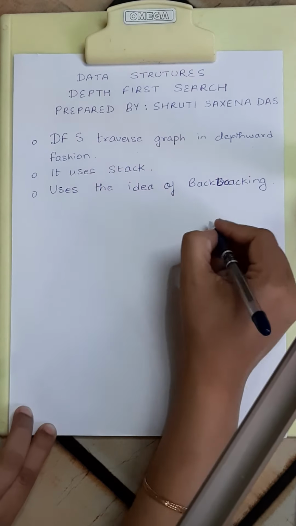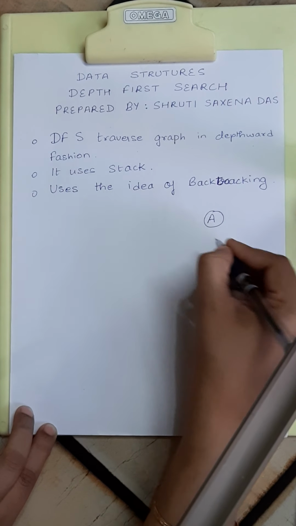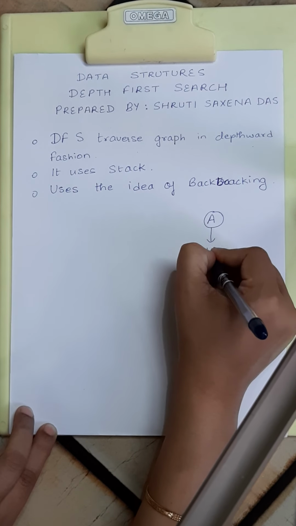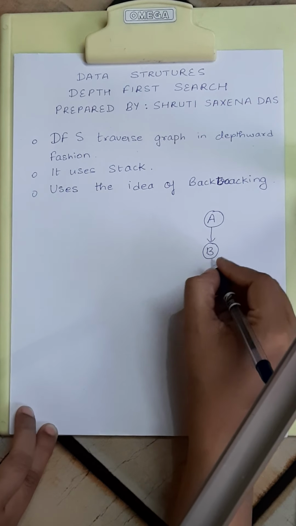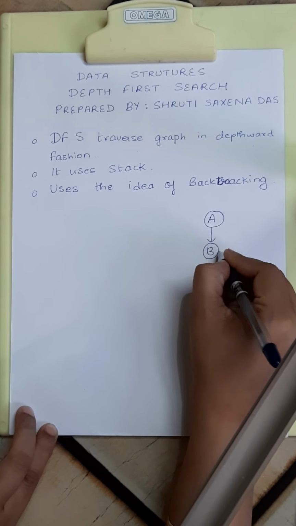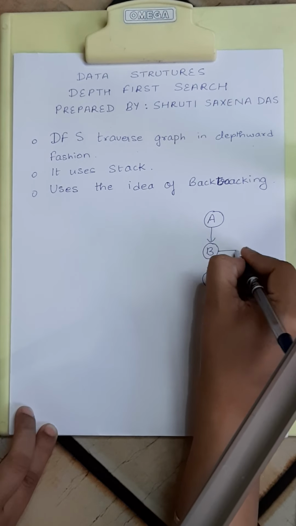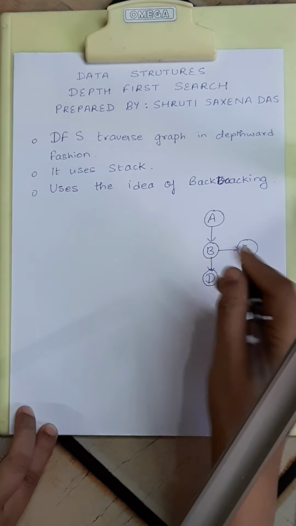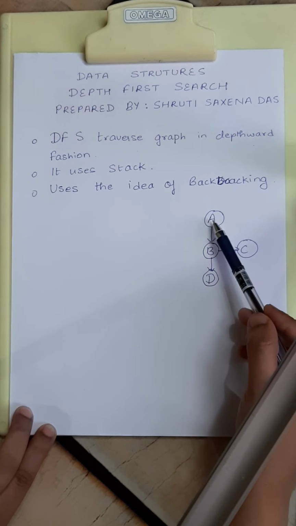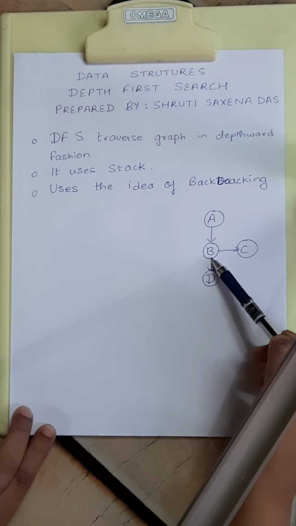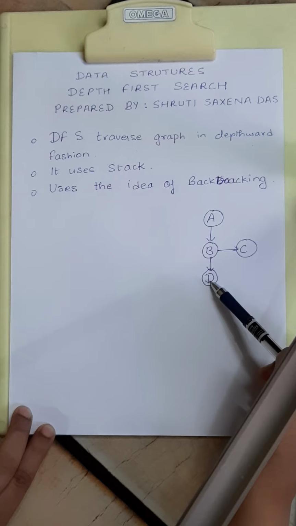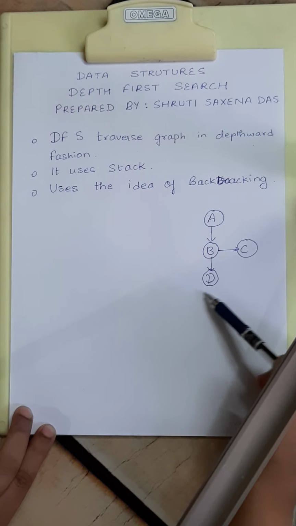Suppose you are moving from A towards B, and then you visited D. Suppose the graph is of this type, then from A you are going to access B. Now from B you'll access D. Now after D you don't have any more node.